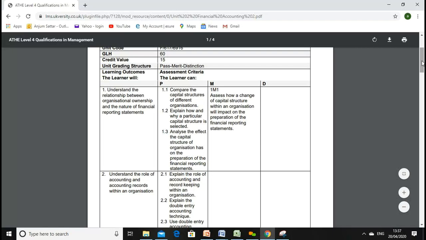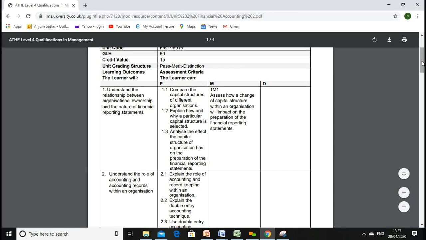In the first lesson we discussed understanding the relationship between organization ownership and the nature of financial reporting statements. We discussed different types of financial statement. We discussed different types of organization: sole trader, partnership, limited companies, and a non-profit organization, which is a charity, set up under the Charity Act 2011.